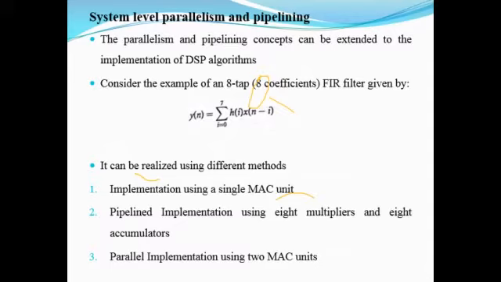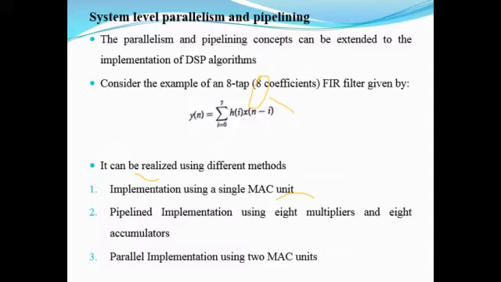Similarly, parallel implementation can also be done using 2 MAC units. So either we can realize this using a single MAC unit, or 8 MAC units, which is termed pipeline implementation, or 2 MAC units, which is performing parallel implementation. If I go with the first implementation, there is a single MAC unit, but whenever we go with a single MAC unit, the performance will be very slow.